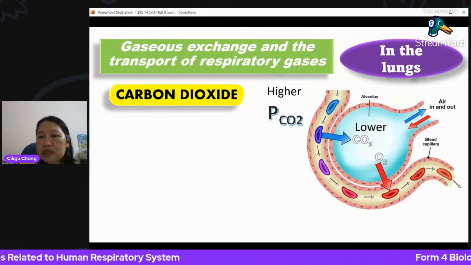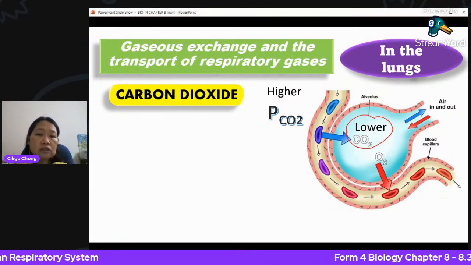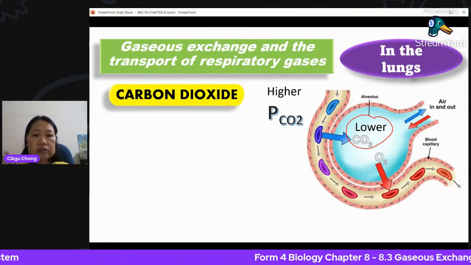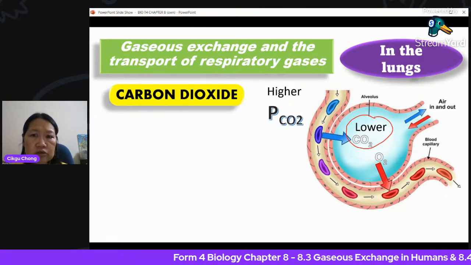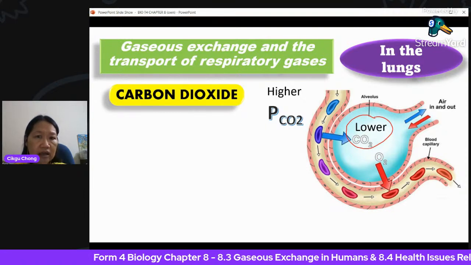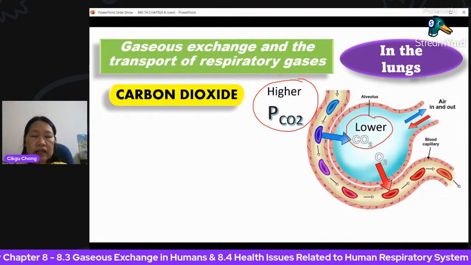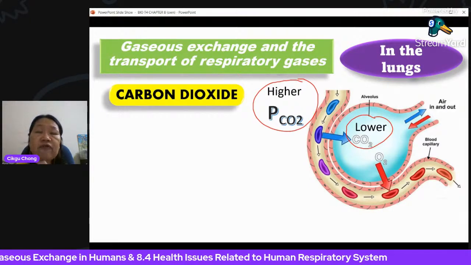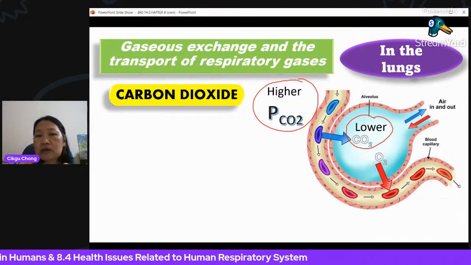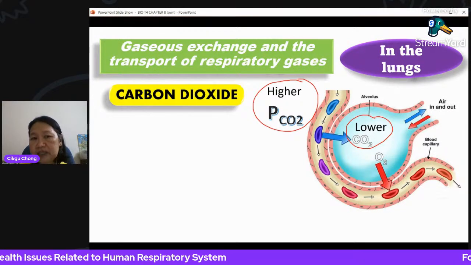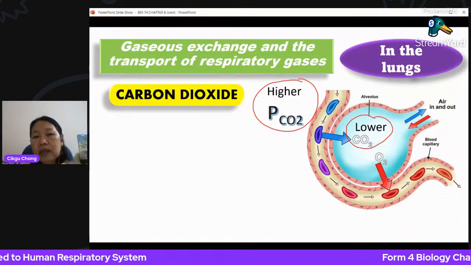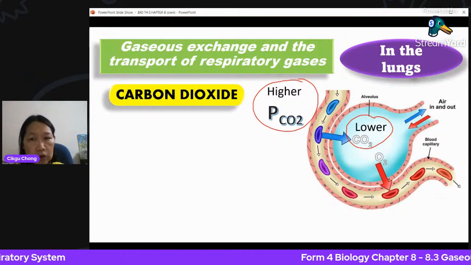The reason is that in the alveolus you have a very low partial pressure. Just now we saw the percentage is 0.03% in the atmospheric air, but in the blood capillary there's 4% carbon dioxide. So the percentage of carbon dioxide in the blood capillary is much higher compared to the alveolus.